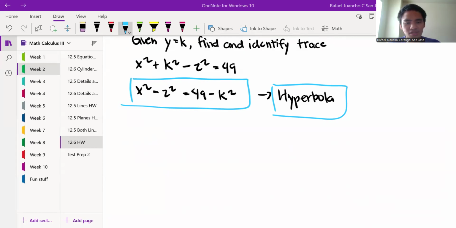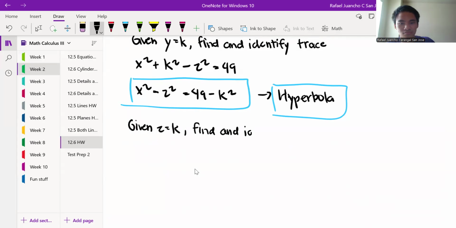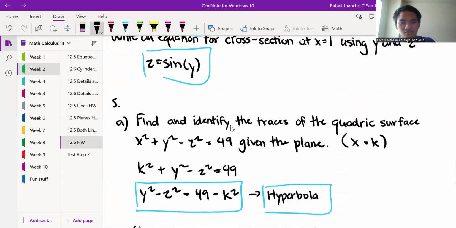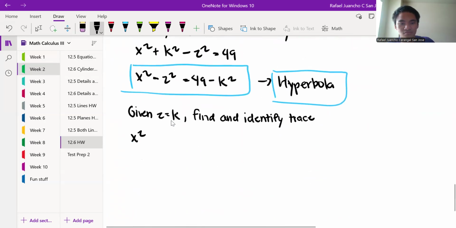And lastly, we can also do this last one before we try something else. So z is k, we do it again. If z is k, now we're looking at the xy plane. So again, we plug in. So we have x squared plus y squared minus k squared equals 49.